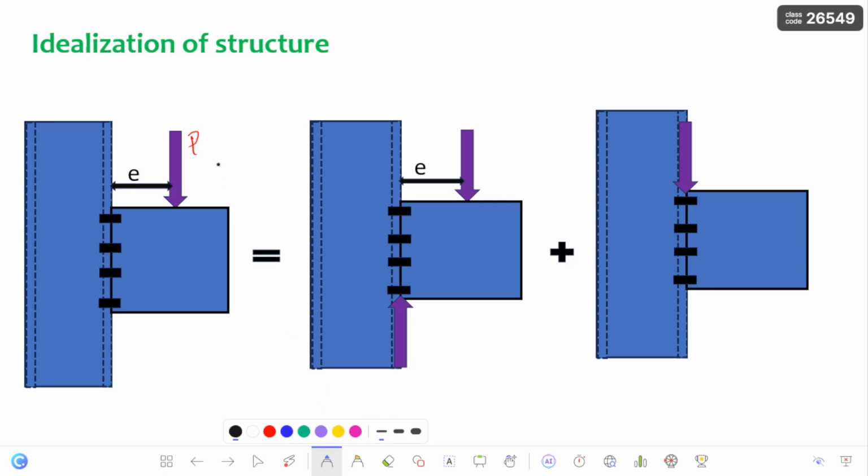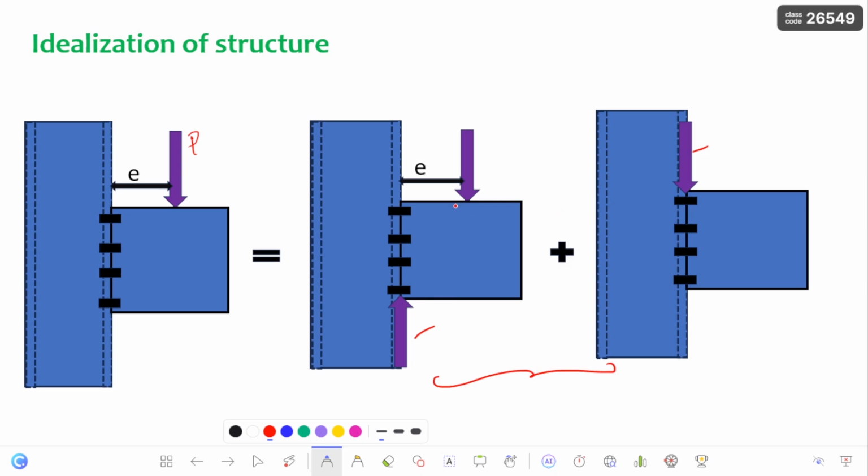Now similarly, as in the last case where we derived the equation for the force developed in the bolts, in this case also, let us derive the equation for the tension force which is going to be developed in these bolts. Here I am just applying equal and opposite force from the top and also the bottom, so that if we combine both cases, the force is nullified.